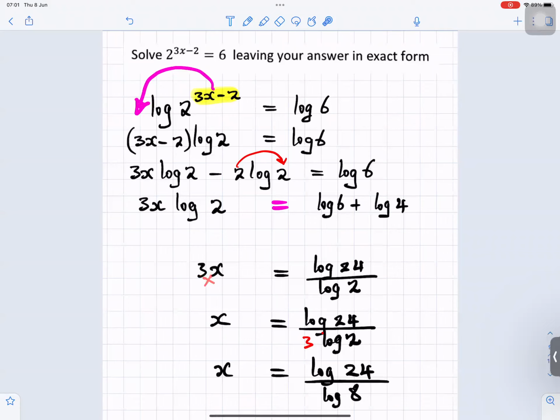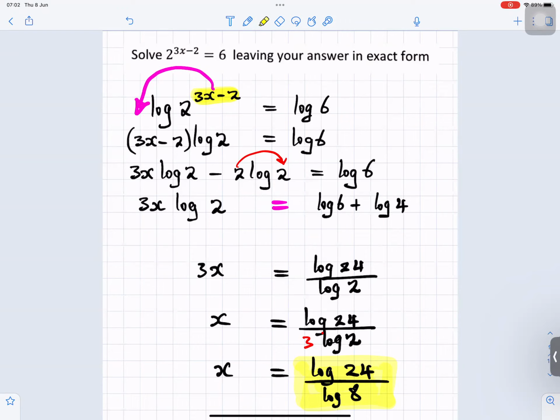The opposite of times 3 is divided by 3. So if you take divide by 3 to the right, it's like 1 over 3. And this 3 can go to the front. It becomes 2 cubed, and 2 cubed is 8. So it's log 24 divided by log 8. And that's how you can simplify that.